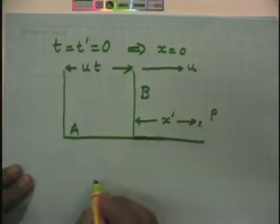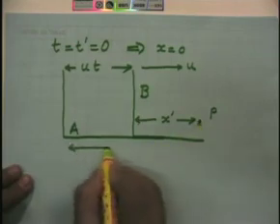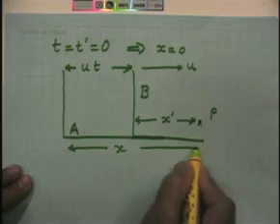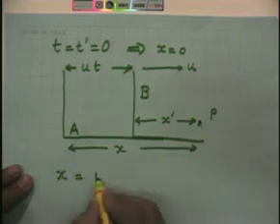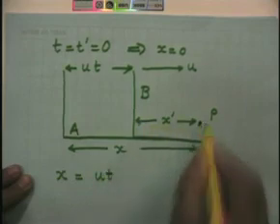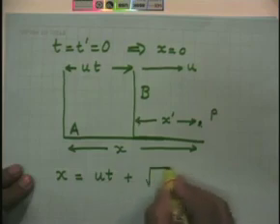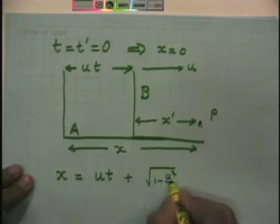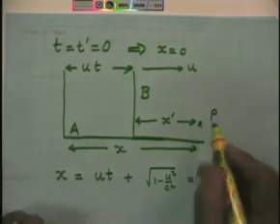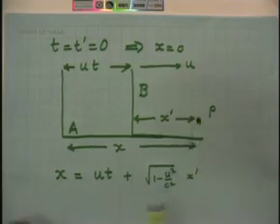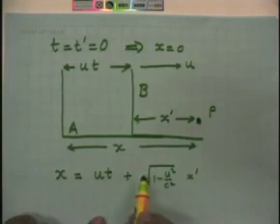If the coordinate of the point P as measured by A is given by x, then A will measure that x is equal to ut plus this distance x prime times the square root of 1 minus u squared by c squared. Please see, an event occurs at the point P which is at a distance x prime from the origin of the moving train.